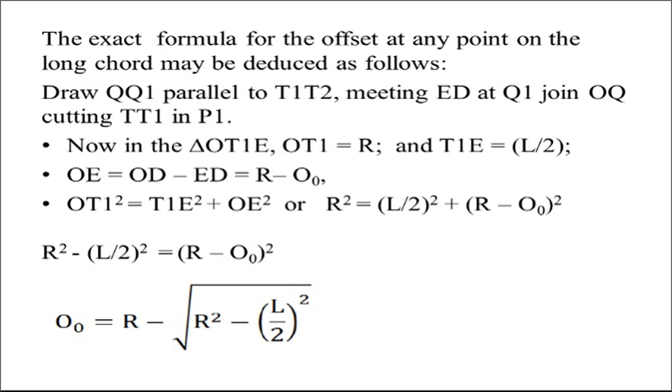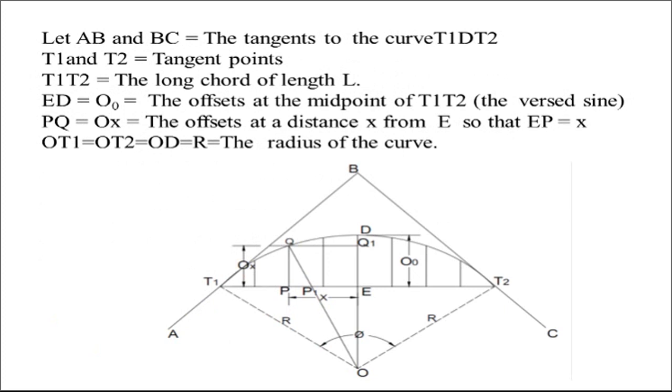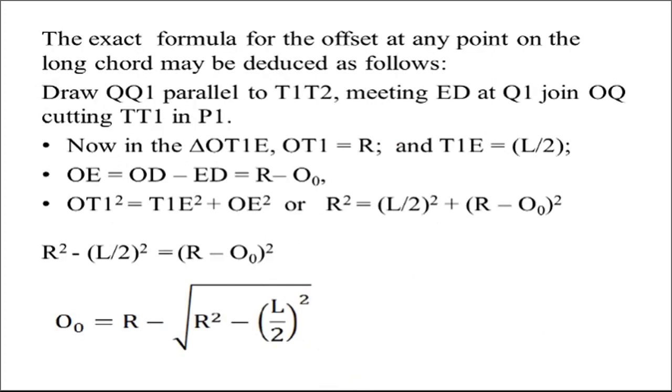Again in the previous figure, OT1 is the radius of the curve and T1E is equal to L by 2. Also, OE is equal to OD minus ED from the previous figure, in which OD is R and ED is nothing but O0.